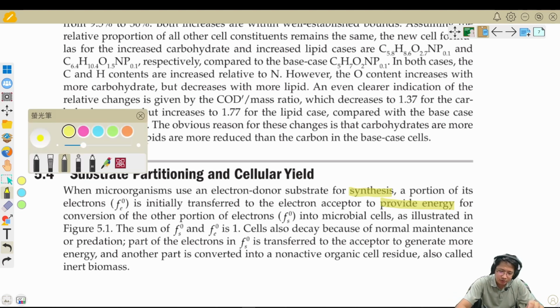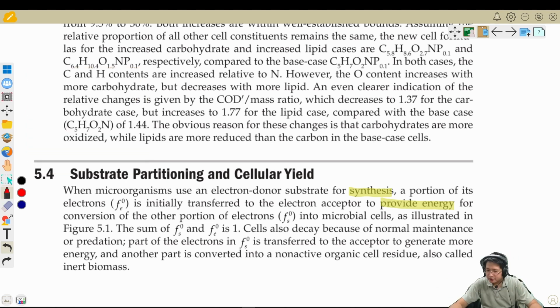For the portion used for cell synthesis, we use fs0 as the fraction, and for the electrons used to maintain the energy or cell metabolism, we use fe0 as the fraction.